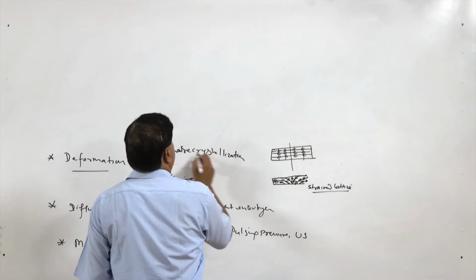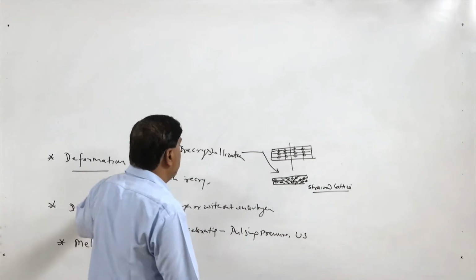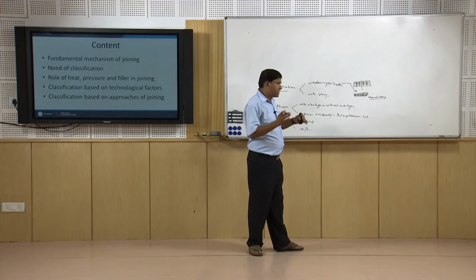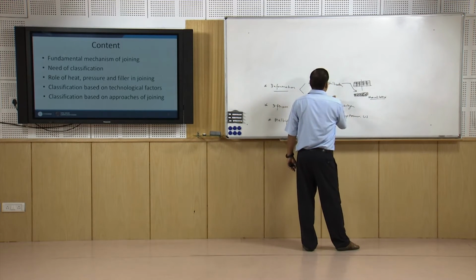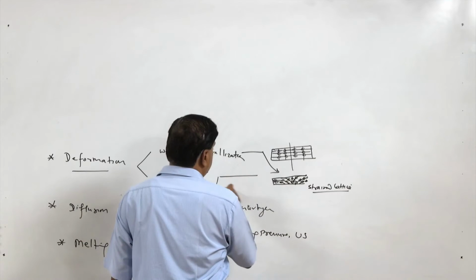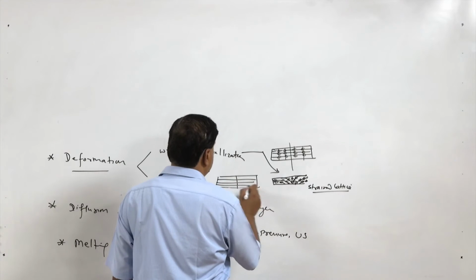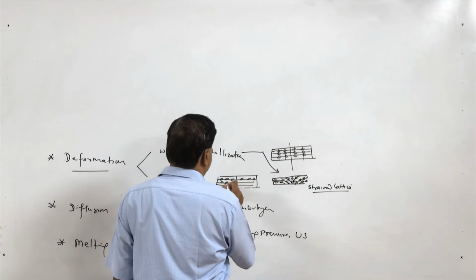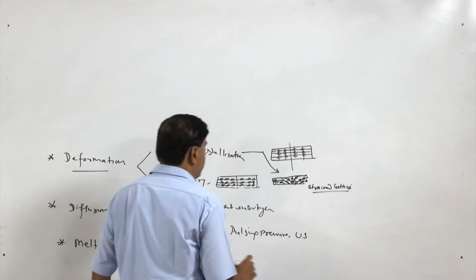So, this is the approach without recrystallization. This is the case when the regular arrangement of the atoms is distorted when the metallic continuity is achieved. And if the recrystallization is involved, you will see that the joint is continuous and the arrangement of the atoms is still maintained even after the welding, because fresh grains are formed and there is no lattice strain.